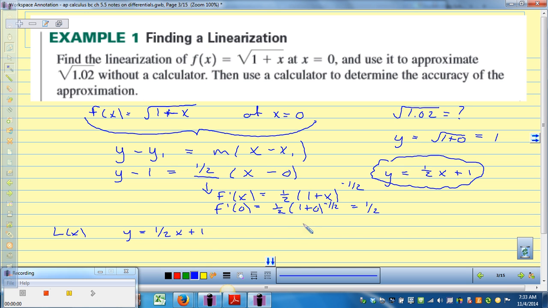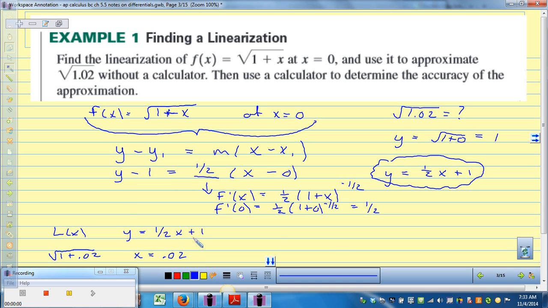Well, what is my x then? Take a look at our f of x. f of x is the square root of 1 plus x. So we are looking for the square root of 1 plus 0.02. So our x is 0.02 in this case.